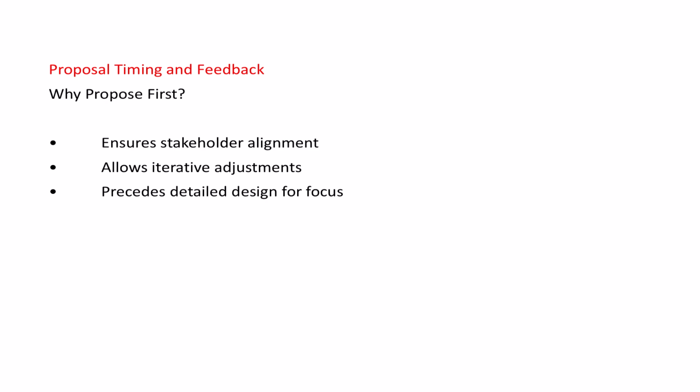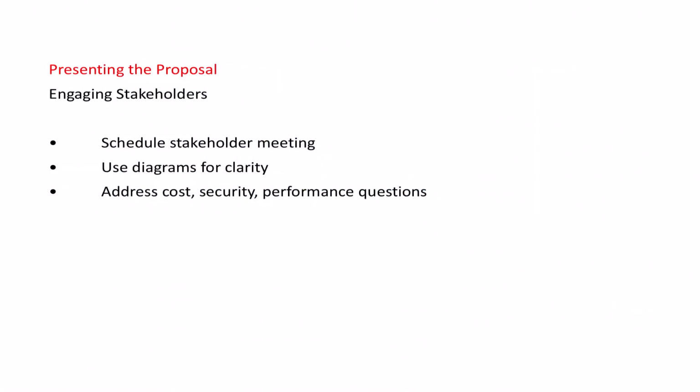This approach ensures alignment with stakeholder expectations and business goals, enabling a more focused and effective detailed design phase. The process is iterative, allowing the proposal to be revisited if significant changes or new insights emerge.